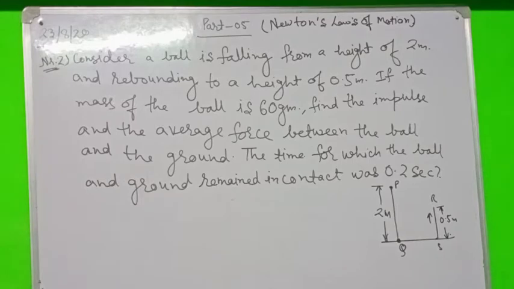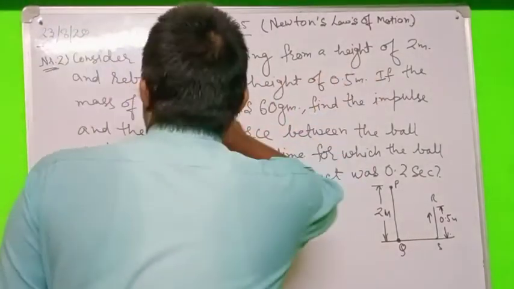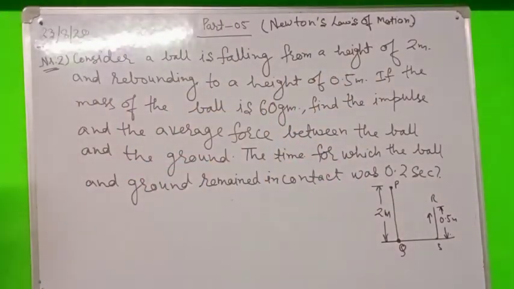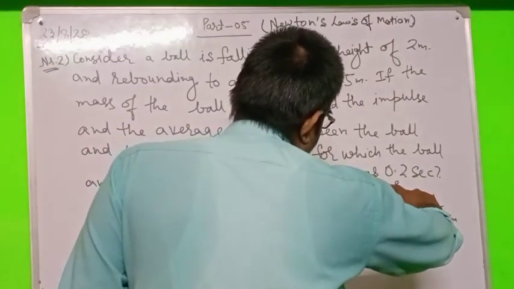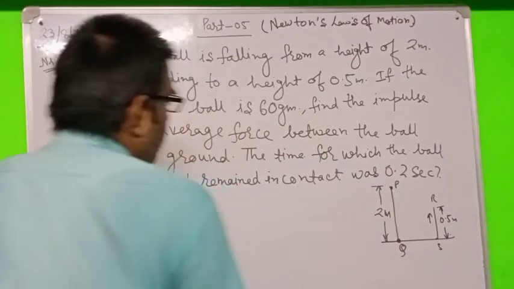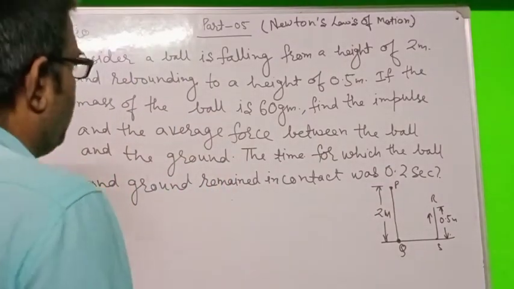It is a little bit more complicated than the previous one. Here, consider a ball falling from a height of 2 meter. Look at the diagram: the ball is falling from height P to Q.